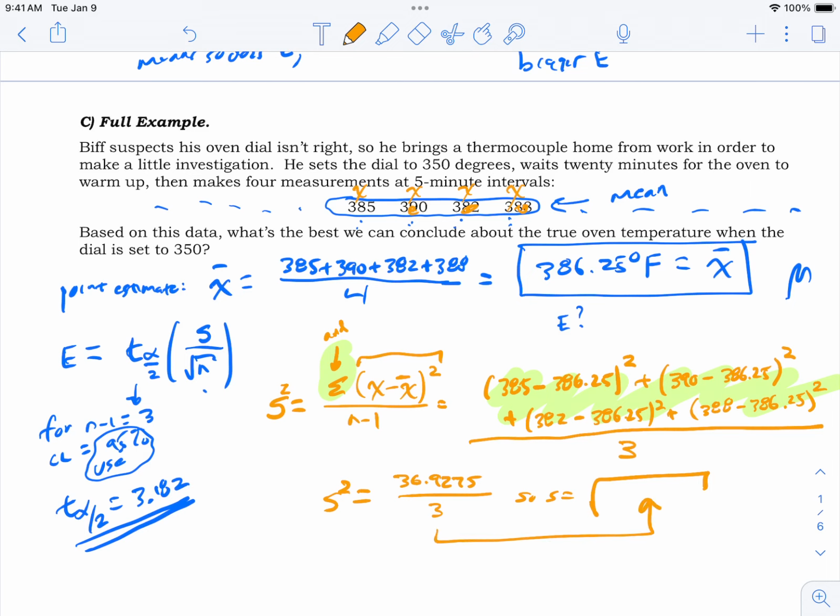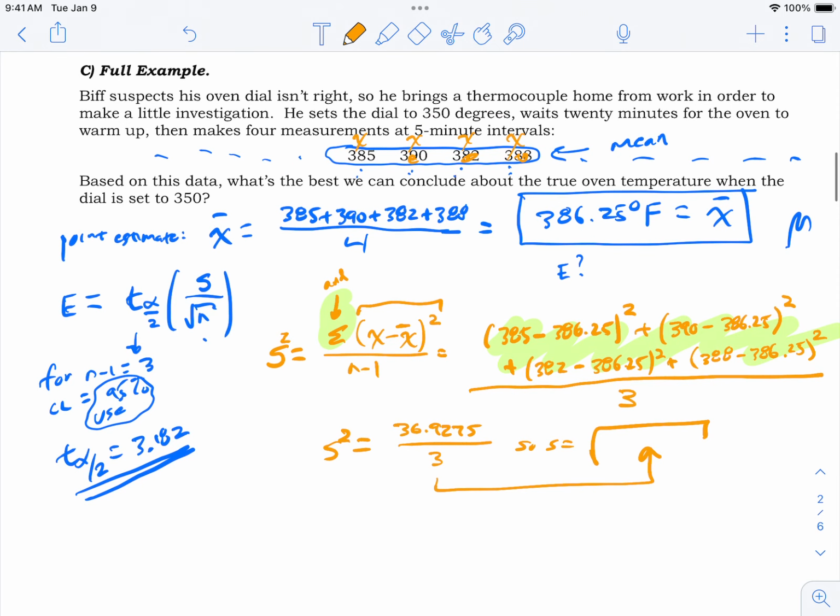And that came out to a sample value of standard deviation of 3.508 degrees Fahrenheit. That's our S. Why did we need the S? We needed the S because it's in our error bar formula.